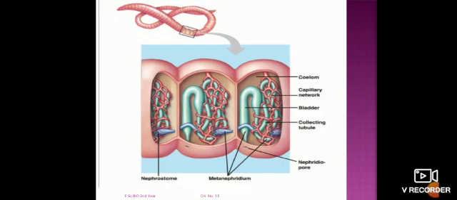This bladder removes nitrogenous waste through the nephridiopore. So the nephrostome collects the waste material and the nephridiopores remove the waste material from the body in the case of earthworm.